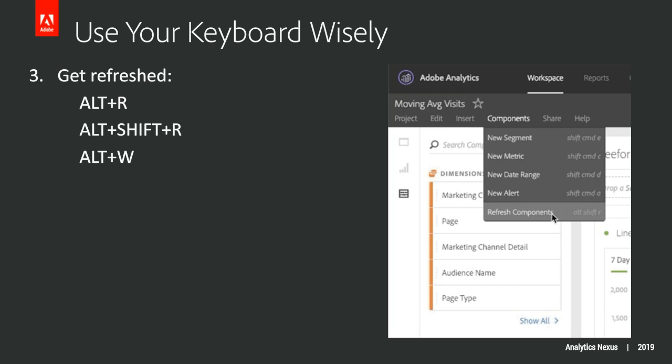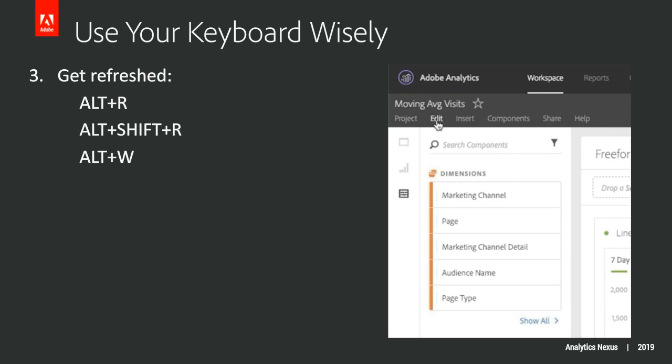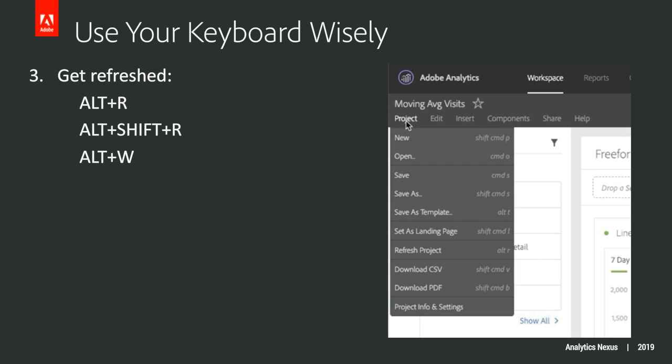Now, a reason to do that is if maybe you just, while you were in Analysis Workspace, in another tab, you actually created or added a new event or added a new calculated metric to the calculated metric manager, or a new segment as well. Any of those reasons, if you hit Alt-Shift-R, then that'll completely refresh the left rail for you so that all of your components are now refreshed within your visualization, within your project.